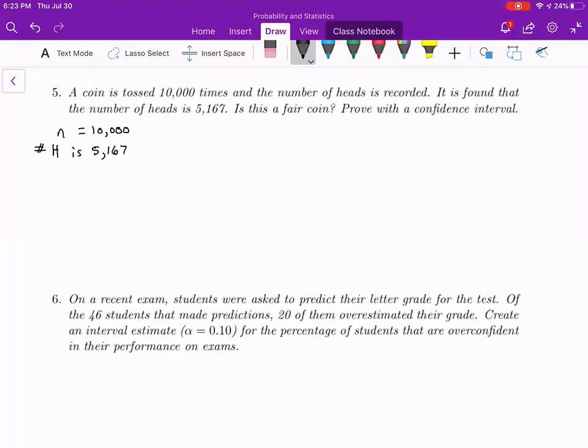And we want to know, is this a fair coin? Prove with a confidence interval. If it is fair, what would you look for? What does it mean to be a fair coin?